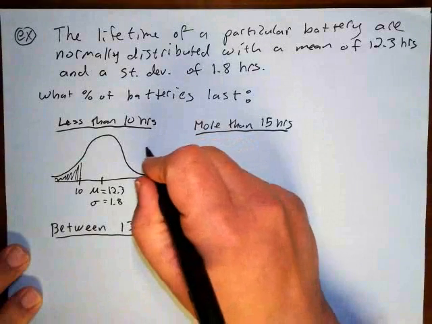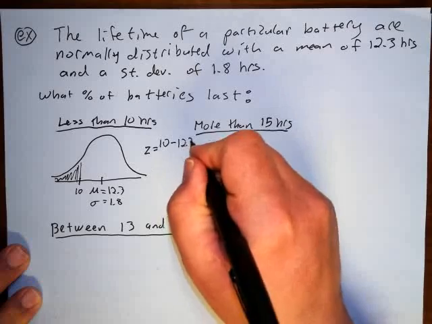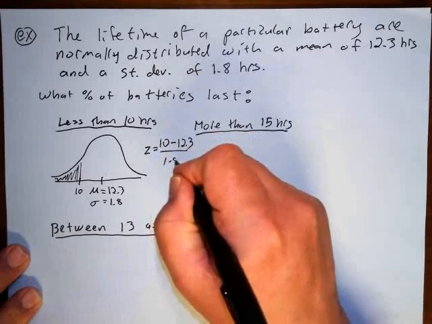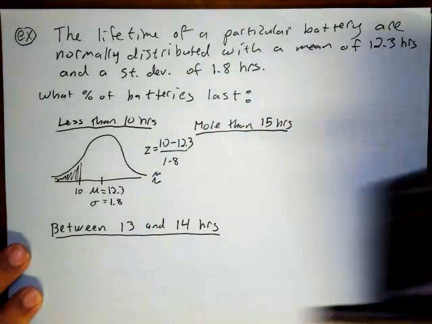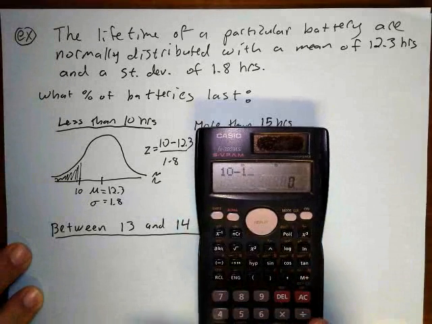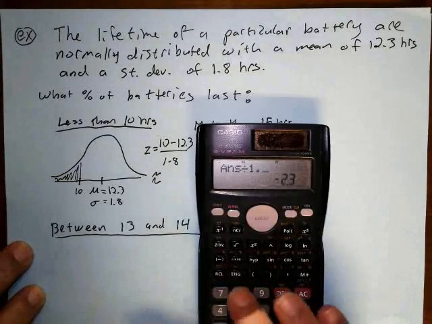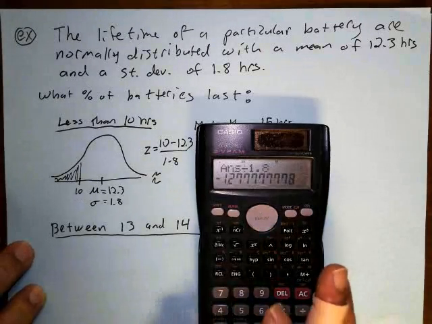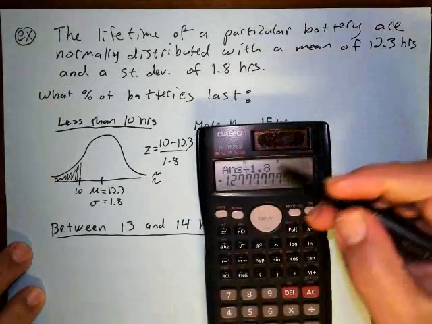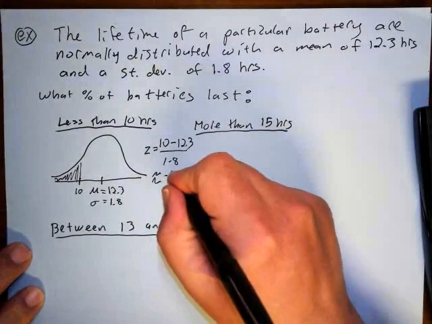So I'm going to calculate the z-score for 10. So 10 minus 12.3 divided by 1.8. Let's find out what this is. And you get about negative 1.28 when you round to two decimal places.